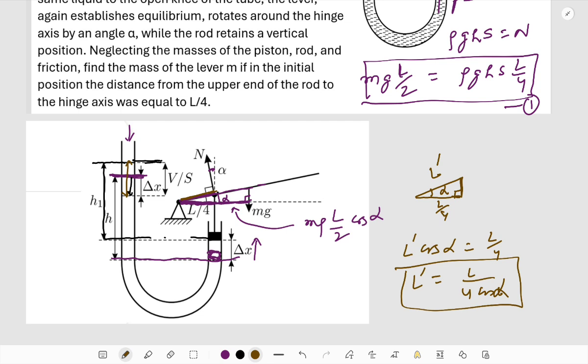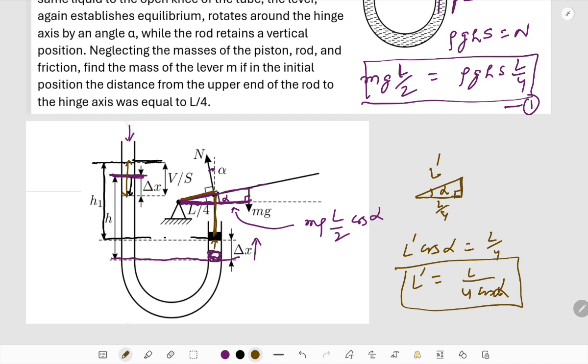Since the rod remains vertical, nothing else. In this case, since this rigid rod is massless, the forces acting on it are the vertical component of the normal reaction and the pressure force beneath it here.